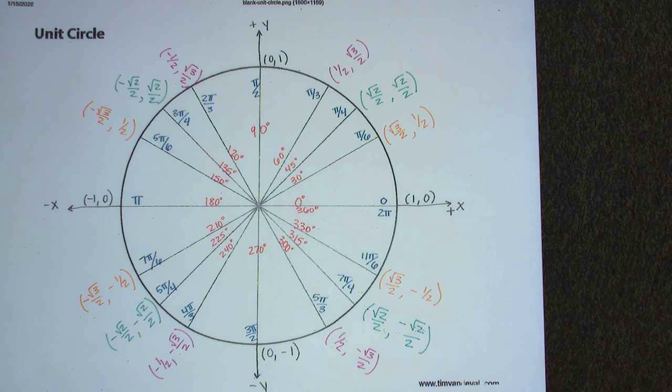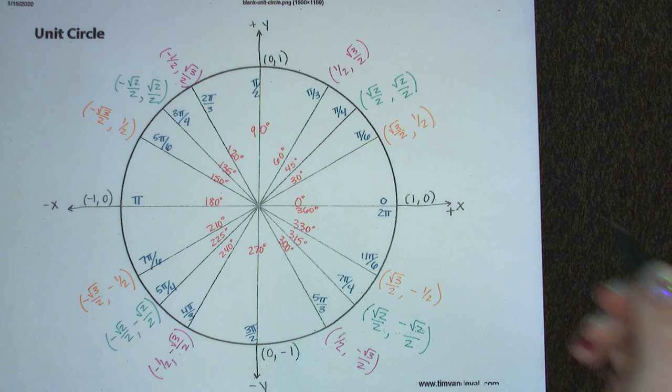Okay, so the tangent values, I'm just going to write them on there, and then I'll show you how to find them on the side, so that if you don't want to memorize them, I can show you how to find them. But again, if you just memorize quadrant 1, the rest of them just follow.